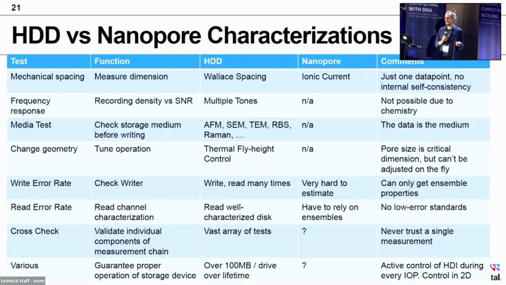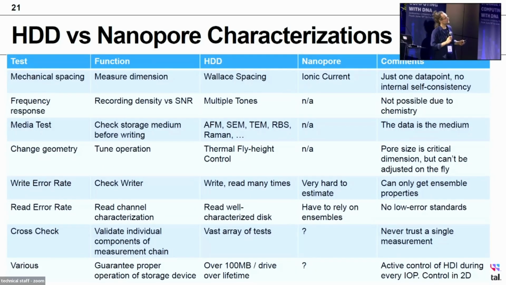In the nanopore, we just do the ionic current. There's a single measurement. There's no consistency. You cannot see if the pore is cylindrical or conical or has any other odd shape. And don't think about taking TEM images, because that's really difficult and expensive.